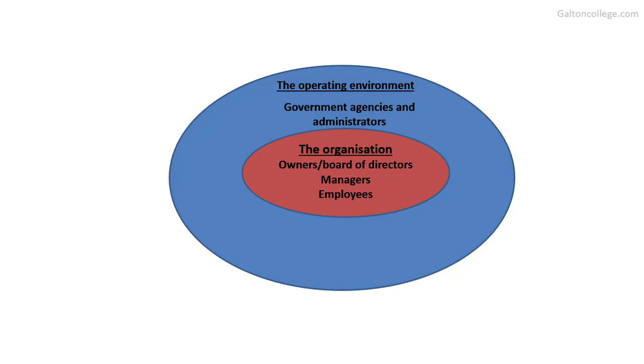There are also government agencies and administrators that are important to take into account. We all exist in a community, in an environment which has at its pinnacle the government that oversees the legislative and the legal framework and ensures that it's up to date with the requirements of industry and of society in general.